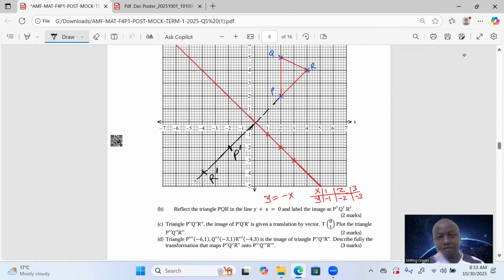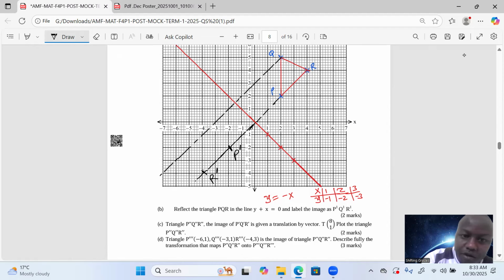Then you do the same for Q. You connect Q and you move to the opposite side. So Q to the mirror line like that. And now you can consider the issue of distance.